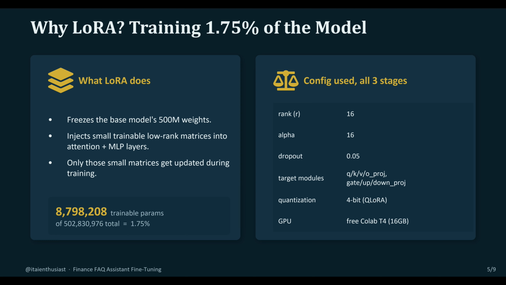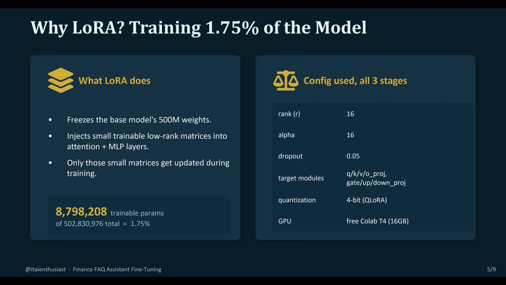The real numbers from our run: 8.8 million trainable parameters out of 502.8 million total.